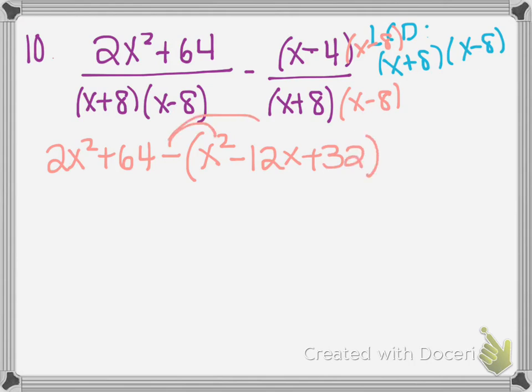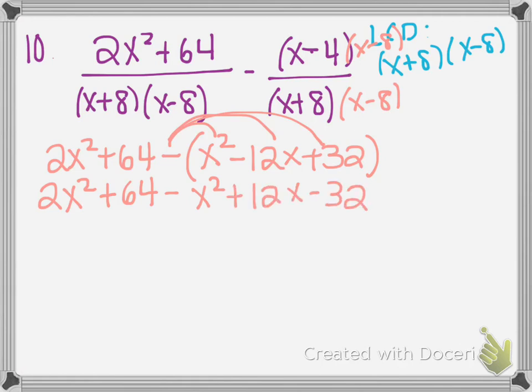Now I'm going to distribute that negative. 2x squared plus 64 minus x squared plus 12x minus 32. And lastly, we're going to add like terms again, and we get x squared plus 12x plus 32.